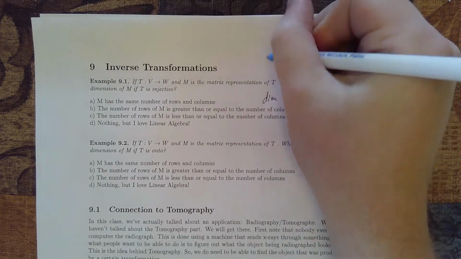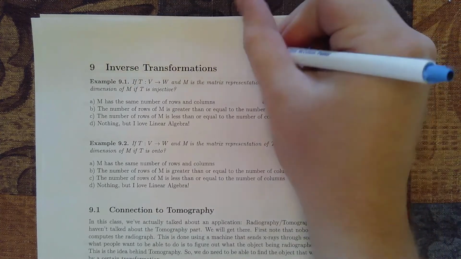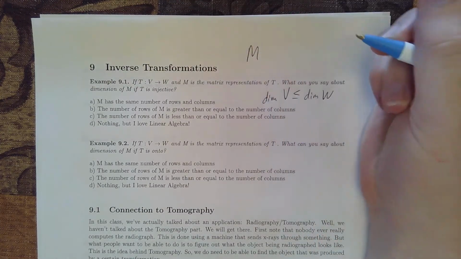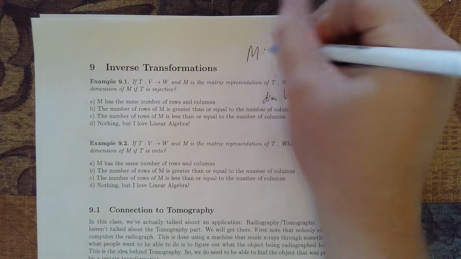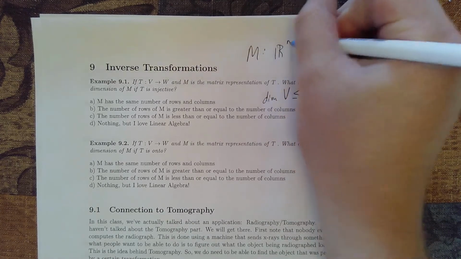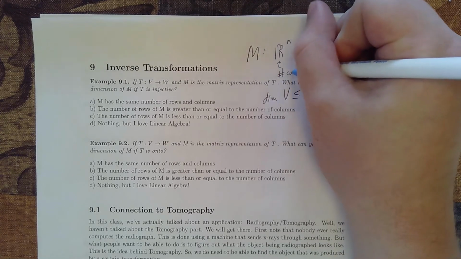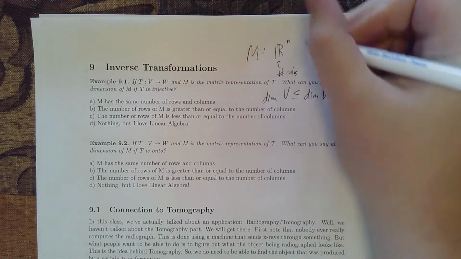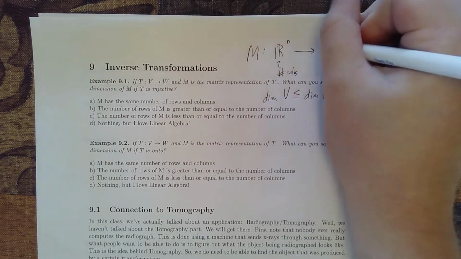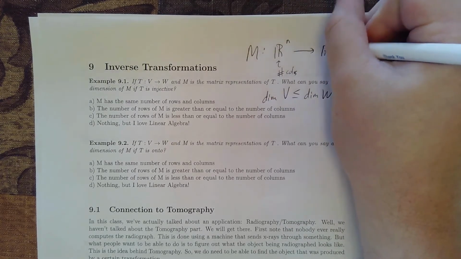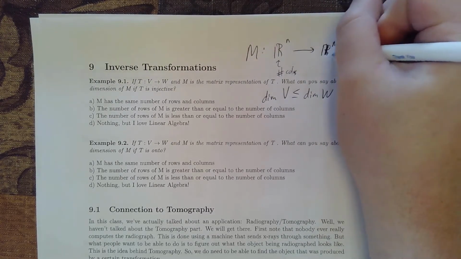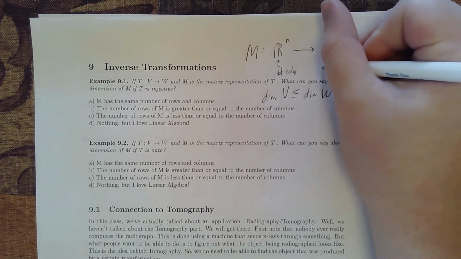And so remember that when we have a matrix form of a linear transformation, it's going from Rn, where here we have the number of columns, to Rm, where we have the number of rows.